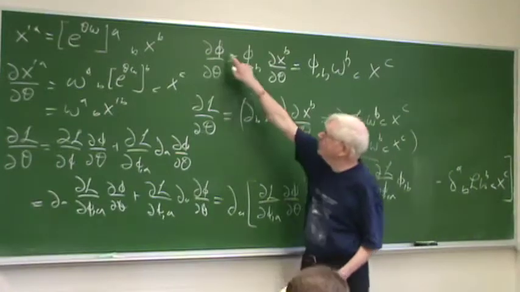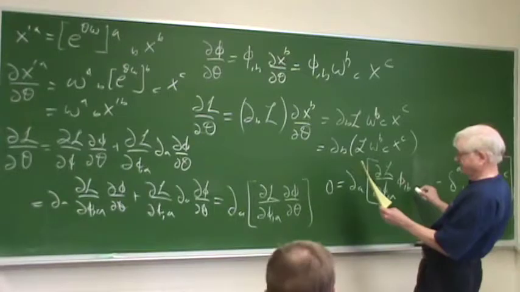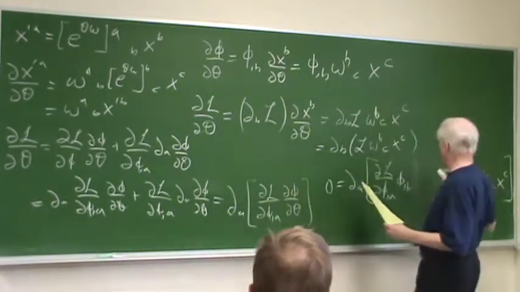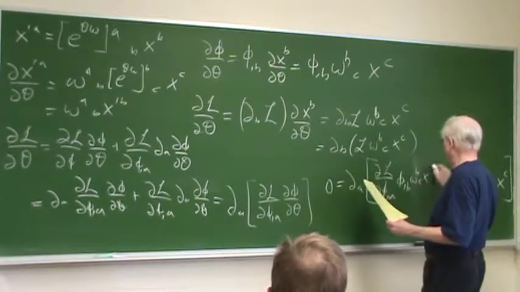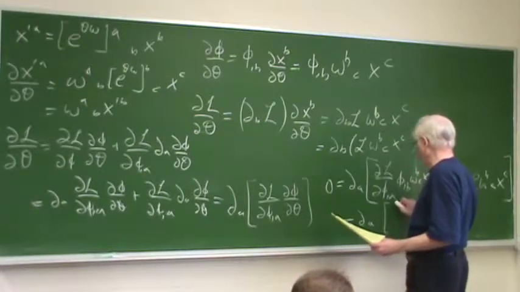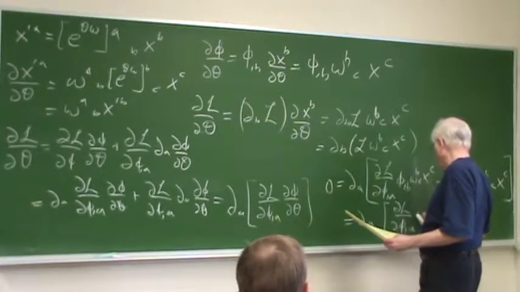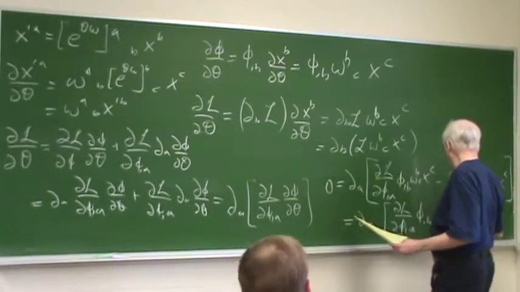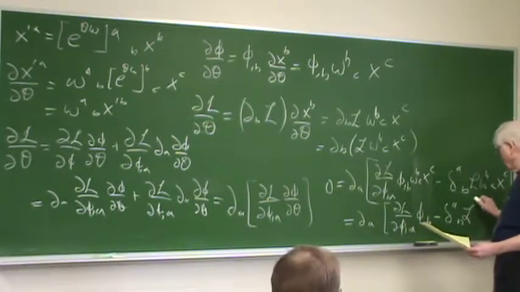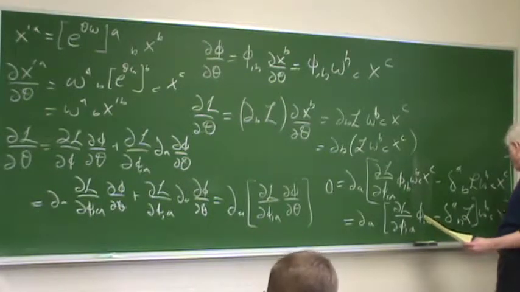So using this for the partial phi partial theta, partial x_b partial theta is omega_bc x_c. So this is omega_bc x_c. So altogether this is much simpler. It's partial_A of partial L partial phi comma A, phi comma B, minus delta_AB L, all that times omega_BC x_C.